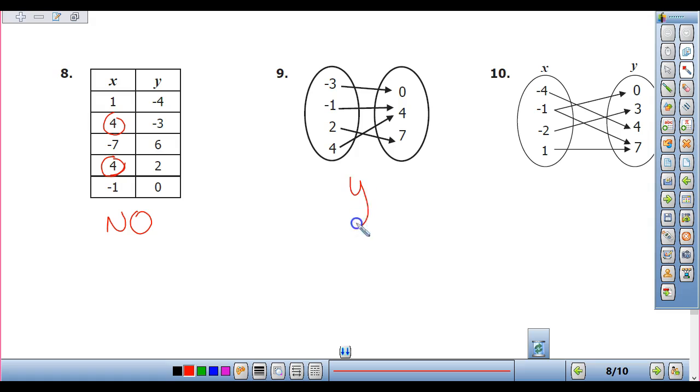Yes. Alright, number 10. Do any of these have 2 lines going on it? Yep. The negative 1 goes to 7 and the negative 1 goes to 0. So that negative 1 repeated, so it's not a function.